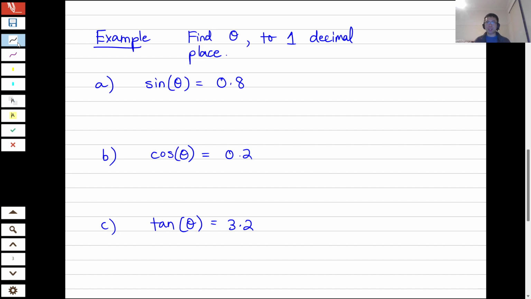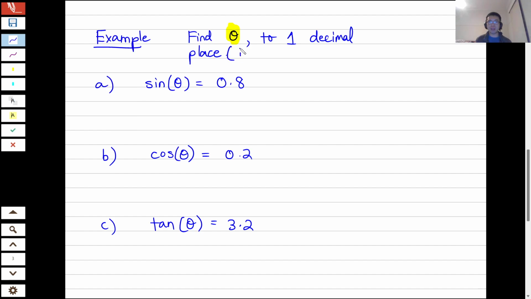Well, the examples aren't yet, they're on the next slide, so I just want to get you used to working with the notation. So you'll notice here I'm saying, tell me what the angle theta is in degrees.